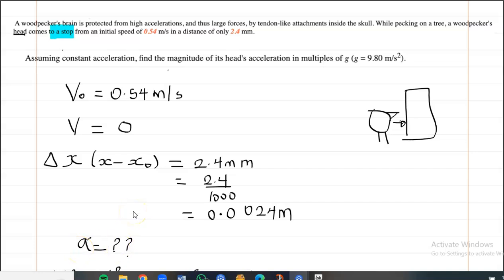So anytime the final velocity is negative, we usually get a negative. We're usually going to calculate a negative acceleration. Not that it affects the magnitude, but of course it shows the direction of the acceleration. But they asked us here for the magnitude.